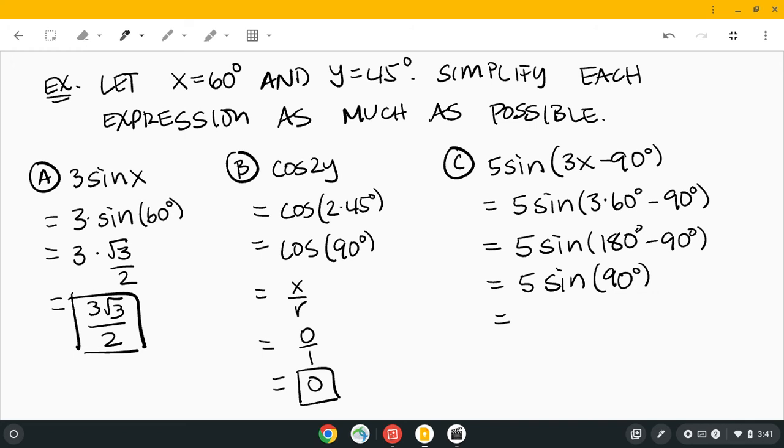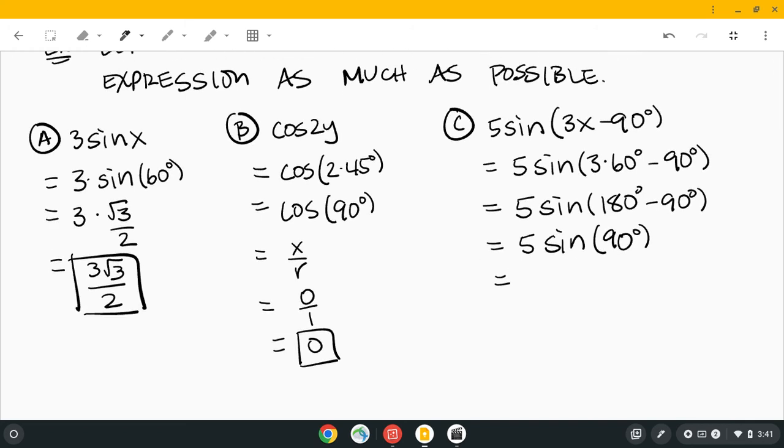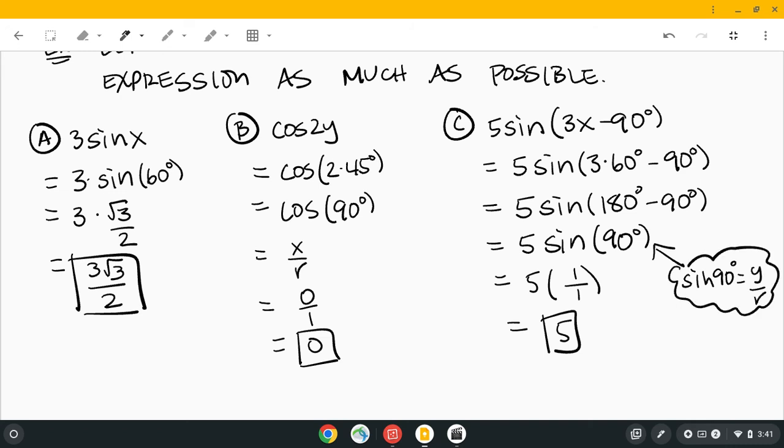And again, that goes back to the first definition of trig functions, x, y, and r. Sine is y over r, which is going to be 1 over 1, and that is going to give us 5.